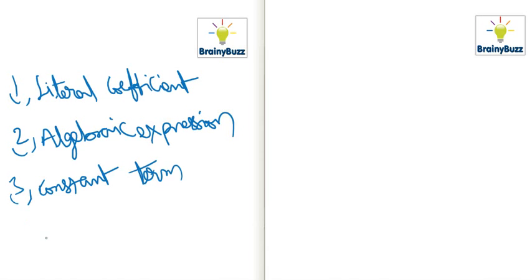Sample expression: 3x square plus 5y plus 7. This is the sample expression. What is the literal coefficient, algebraic expression and constant term in the expression?